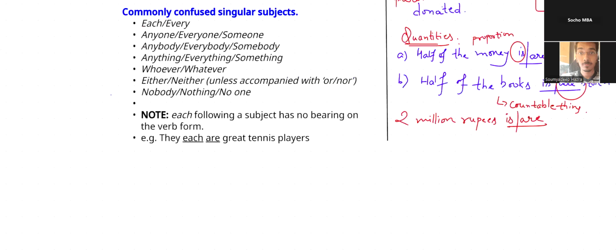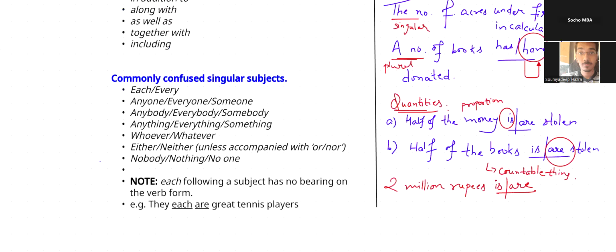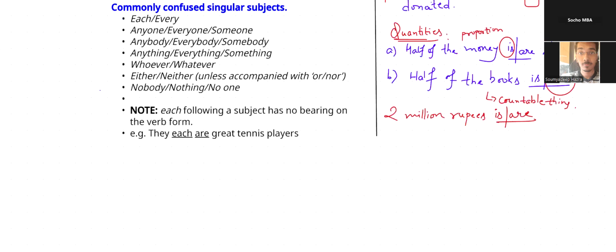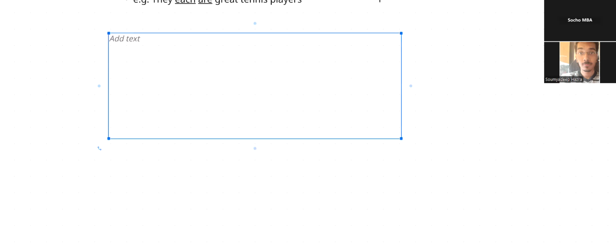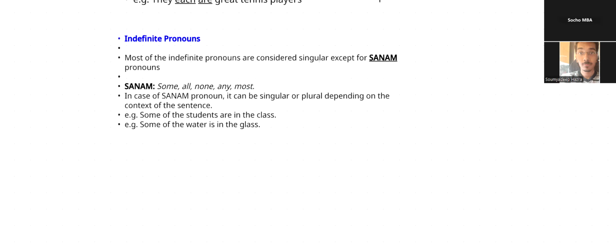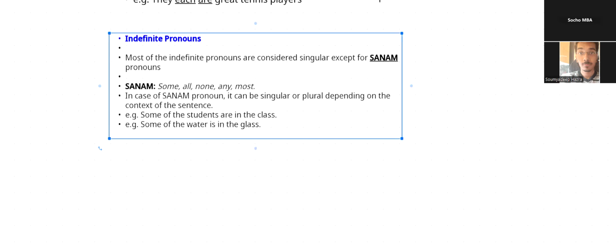This would be called a Sanam formula. What is Sanam formula? Let us see, right? There are certain different formulas. So what are we doing here? We are having the Sanam formula here, right?